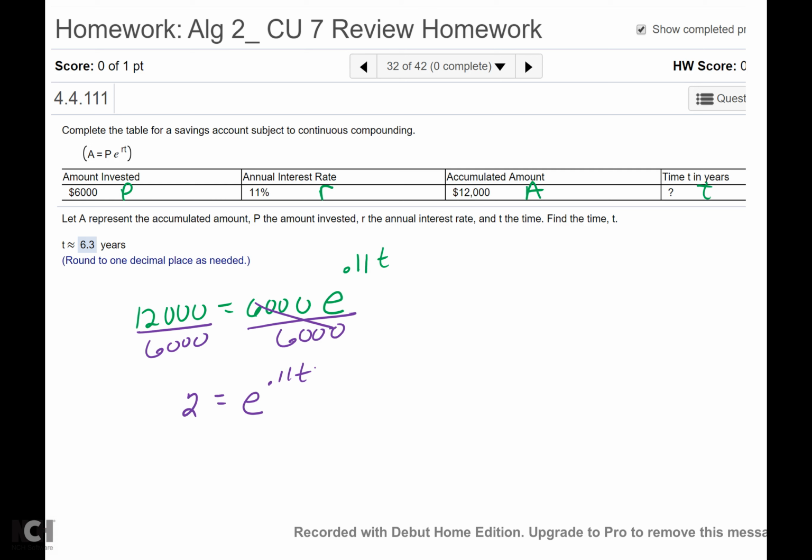Right? 12,000 divided by 6,000 is 2. Alright, so now to drop it like it's hot, I'm going to ln both sides. So if I take ln of 2, I get 0.693147186. ln base e of e cancels, and I'm left with 0.11t. Divide by 0.11, and t equals 0.063. What did I do now?